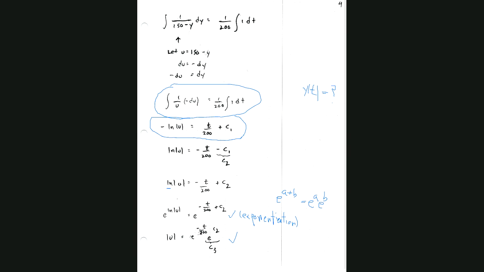Now what we have is this: the absolute value of u equals c sub 3, that constant, times e to the negative t over 200. But remember, our goal is to solve for y of t.